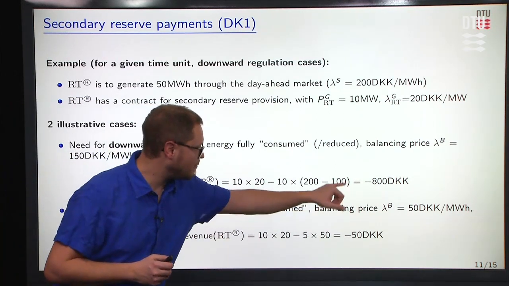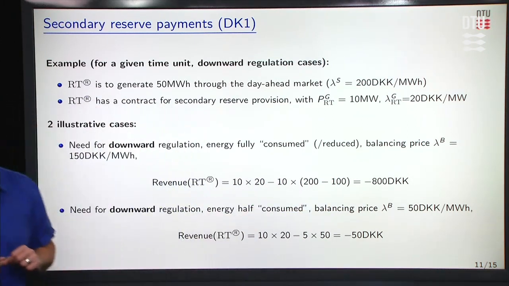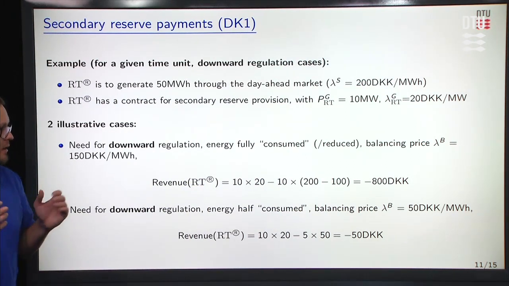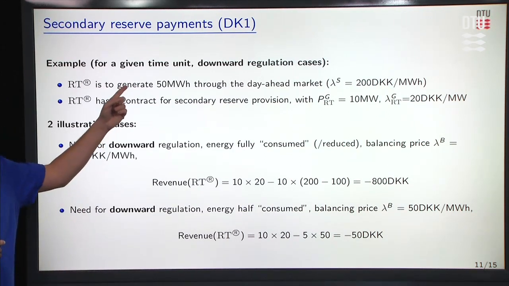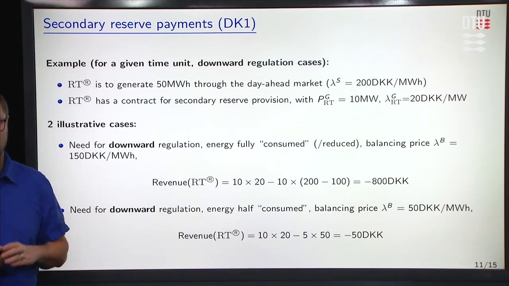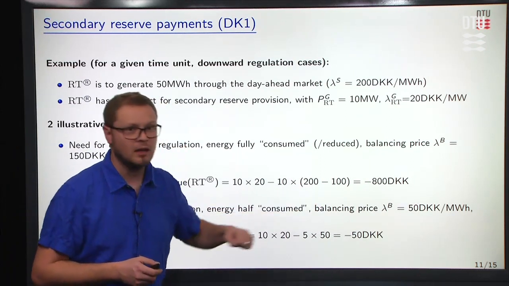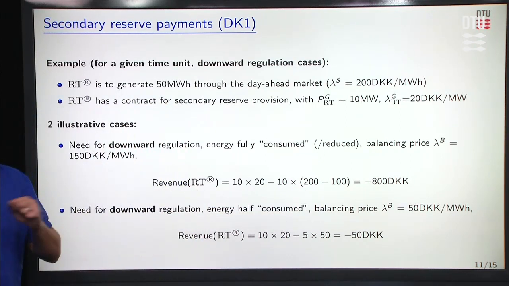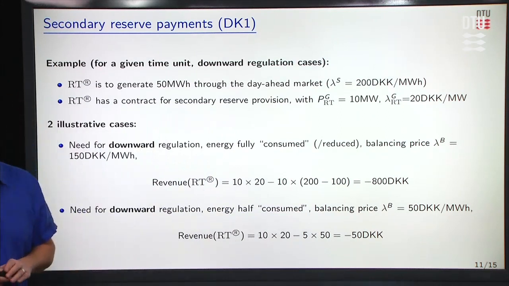And then we have to pay back 10 megawatt hour times this spread deduced from the 200 kroner of lambda S, so 200 minus 100. This is only for the secondary reserve provision, but remember that RT got a payment in the first place from the day-ahead market clearing, so this energy is actually energy that you pay back from the original revenue you got from the day-ahead market. Here overall this leads to minus 800 kroner.